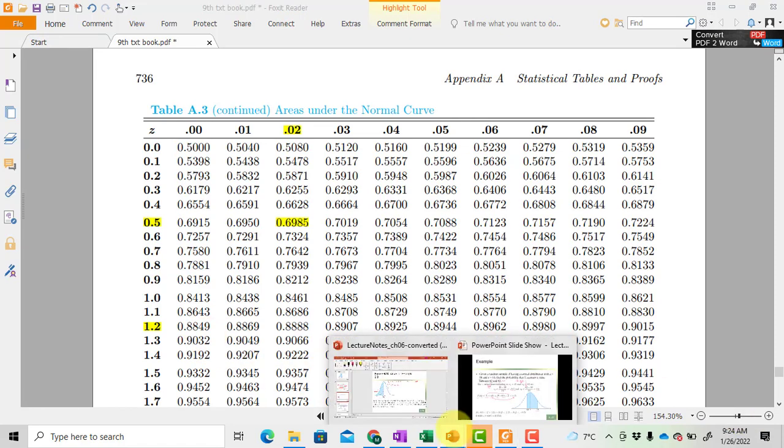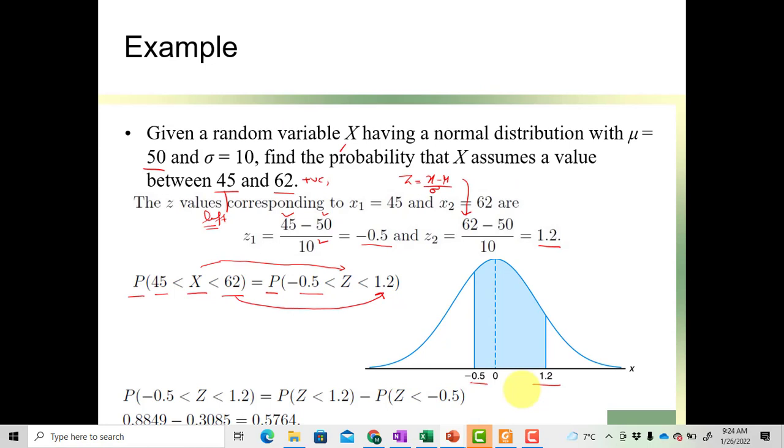Again, we will go towards the presentation, and now we'll see what values we got. The value associated with 1.2, we got from the left hand side till this point, and the value is 0.8849. Earlier we found the area associated with minus 0.5.